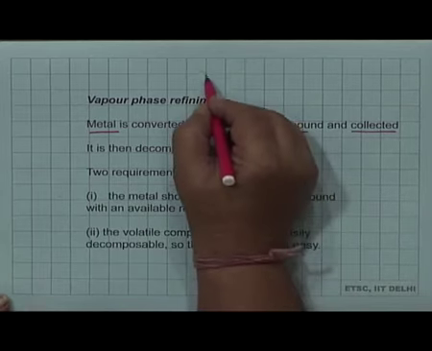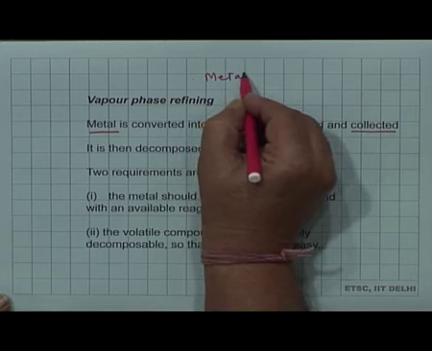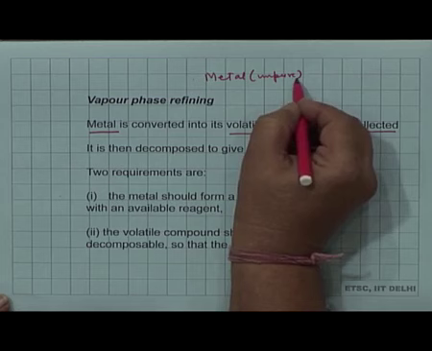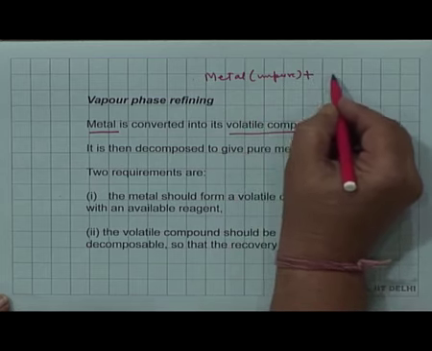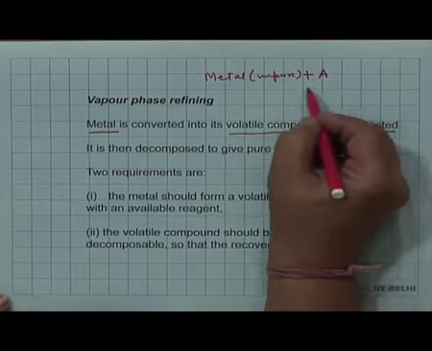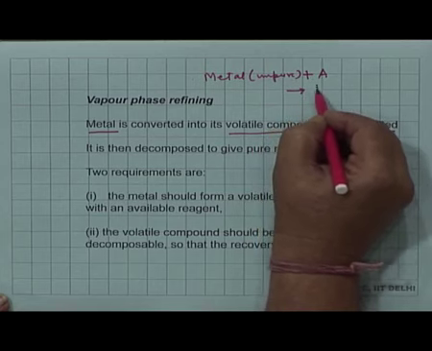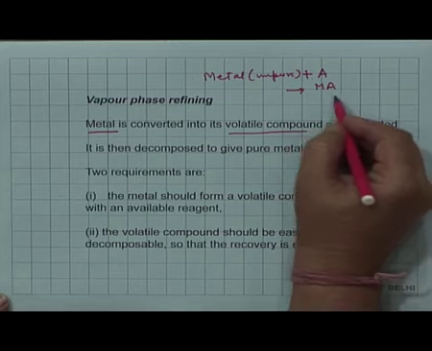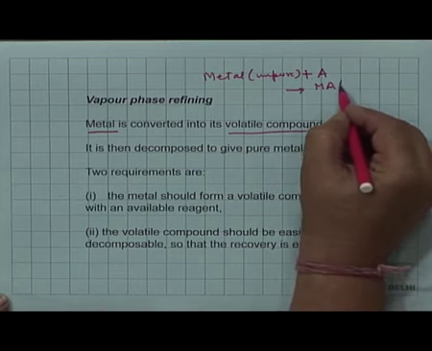So, the impure metal is reacted with something so that the compound which is formed is volatile in nature.